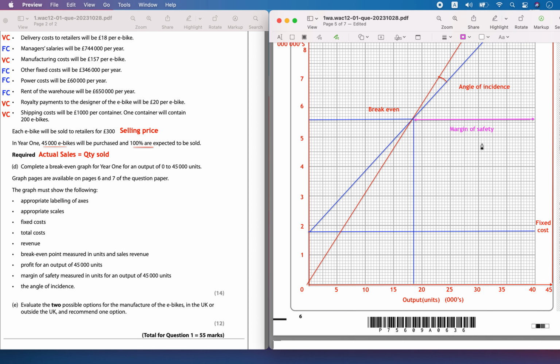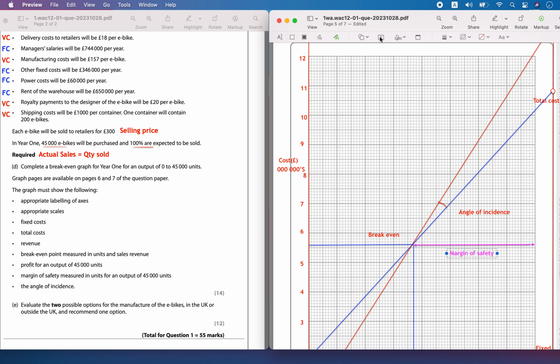In the exam you can draw everything using pencil and name this using the pencil only. Here, for easy understanding, I have used different colors, but in the exam you don't have to use different colors. You just have to write all the required values. And whatever this area is, it represents the profit area.